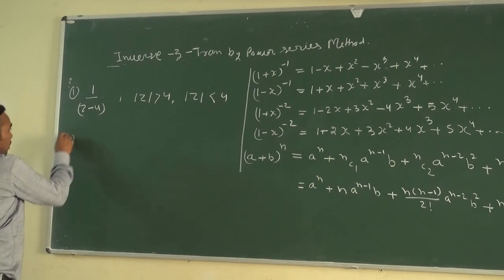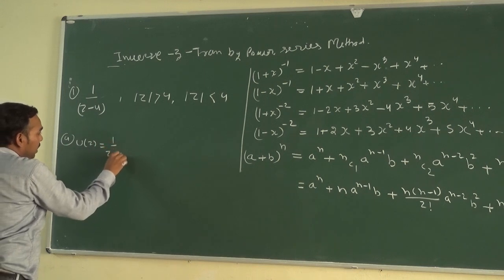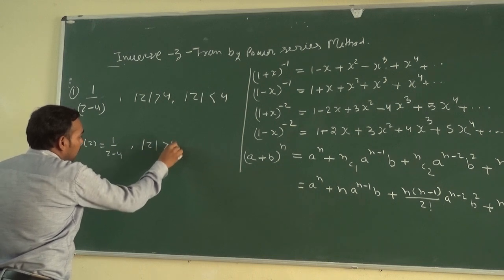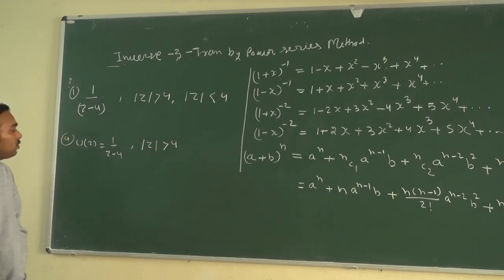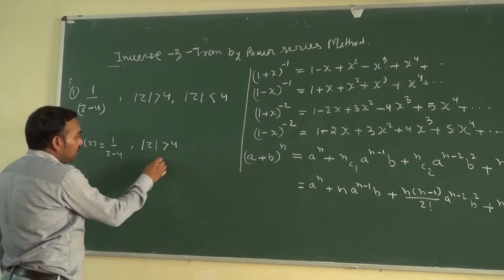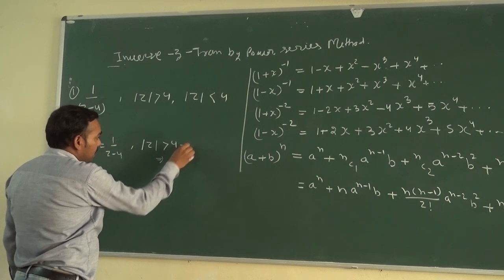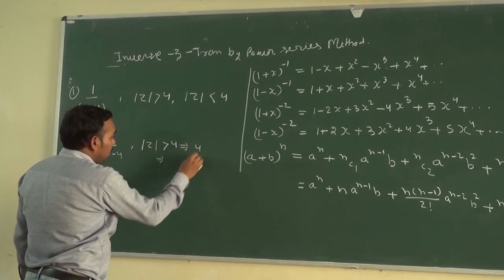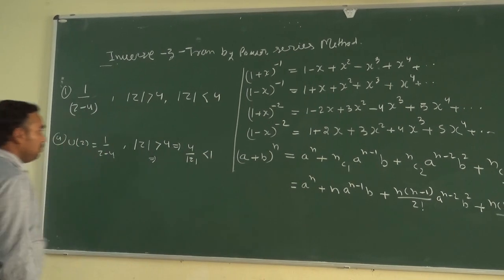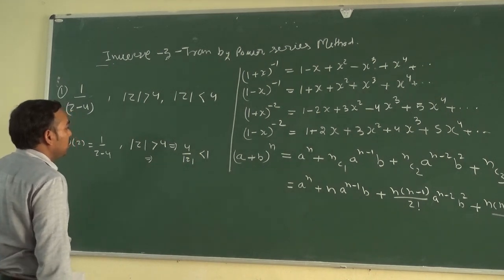Let U of z equal 1 upon z minus 4 and the region is mod z greater than 4. We write this expression so that 4 upon mod z is less than 1.